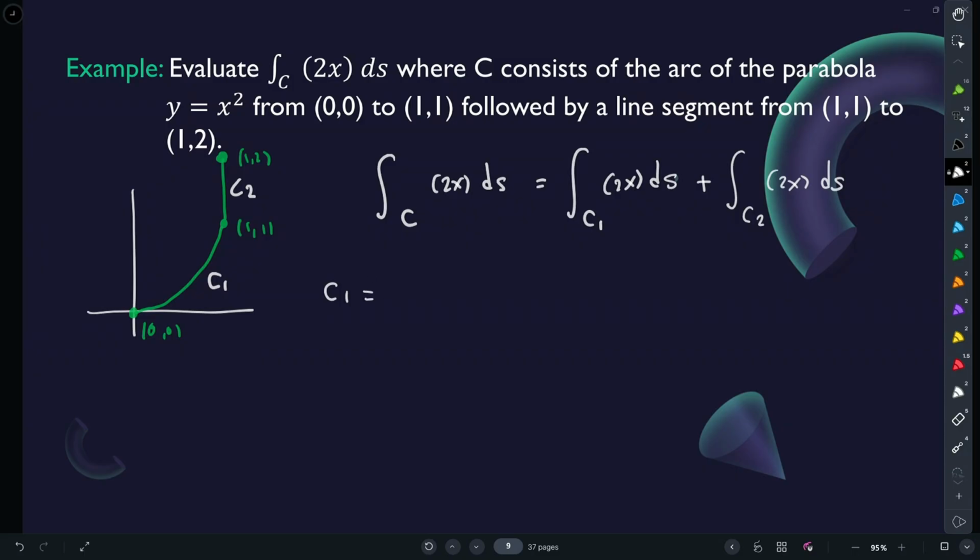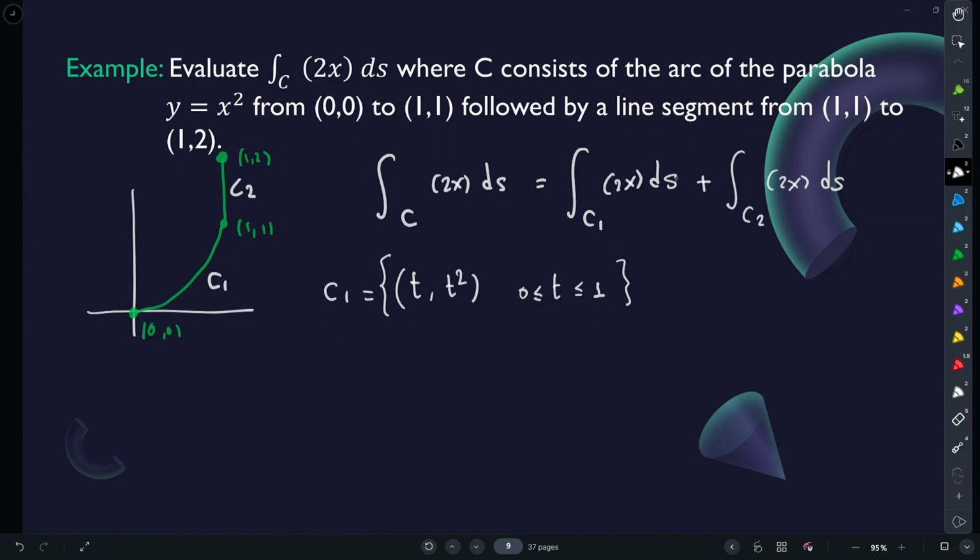So what are the points on C1? That is parameterized by y equals x squared. So if x is t, or y is t squared, and that goes for t between 0 and 1. Okay, those are the points on the first path.